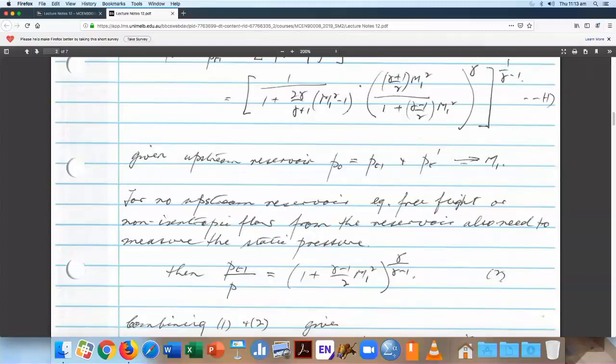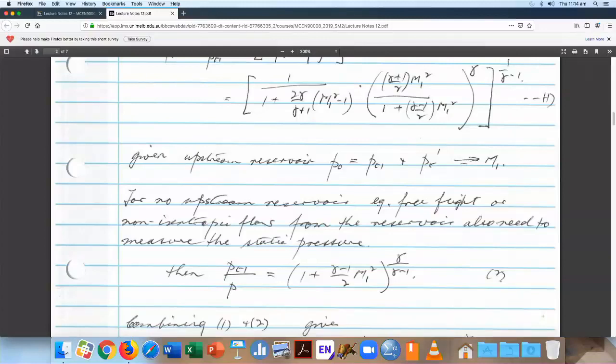Now, if I could disturb the flow without a shock wave, then the relationship between the total pressure for isentropic flow and the static pressure is 1 plus gamma minus 1 over 2 M1 squared, and the temperature ratio is 1 plus gamma minus 1 over 2 M1 squared, and the pressure goes like gamma over gamma minus 1.